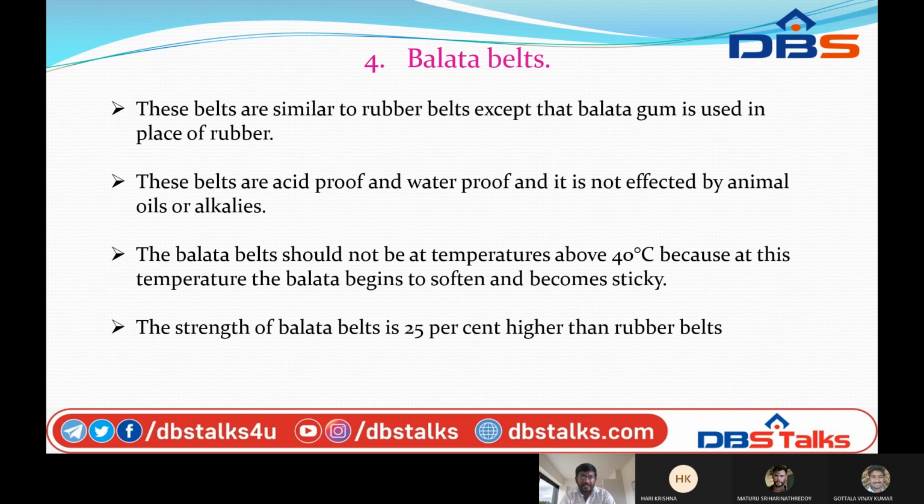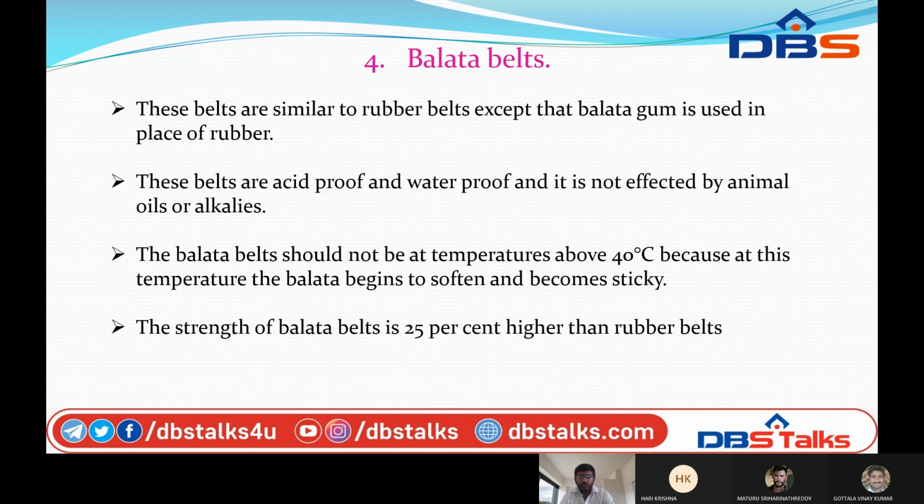Next, the fourth material is balata belts. These belts are similar to rubber belts except that balata gum is used in place of rubber. These belts are acid proof and waterproof, and are not affected by animal oils or alkalies.